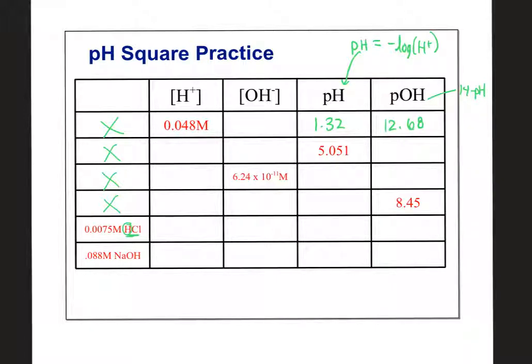And the concentration of OH, I'm going to use my POH, so 10 to the negative POH will give me this guy, and I get 2.0 times 10 to the negative 13th molar. Again, could I have gone this way, and then to this one, and then to this one? Sure. Doesn't matter what order you go, you pick the path that makes the most sense to you using that pH square. So pause the video and try these next problems.